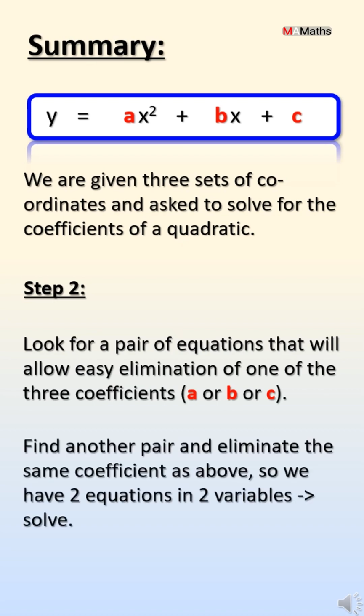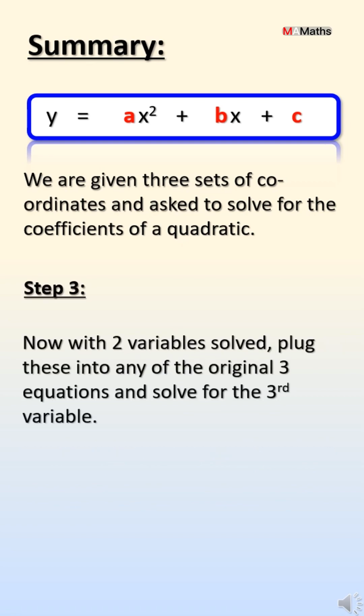After doing this, find another pair. We have 3 ways of choosing a pair from them. Eliminate the same coefficient as above so that we now have 2 equations and 2 variables and solve. Step 3. Now with 2 variables solved, plug these into any of the original 3 equations and solve for the 3rd variable.